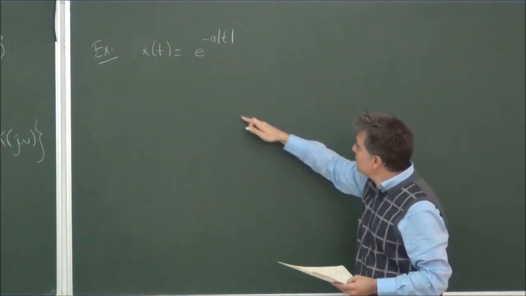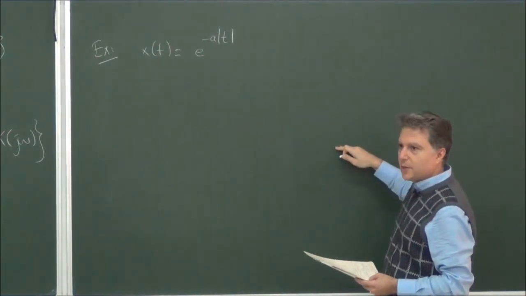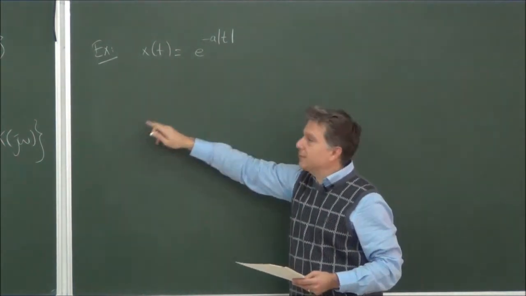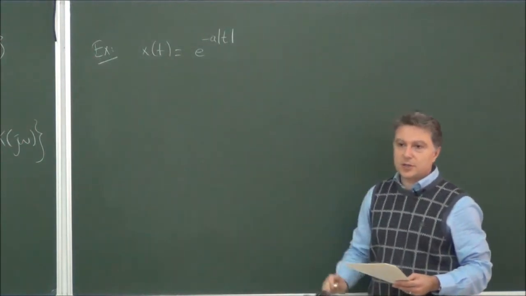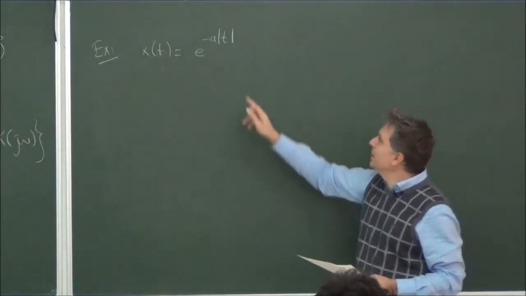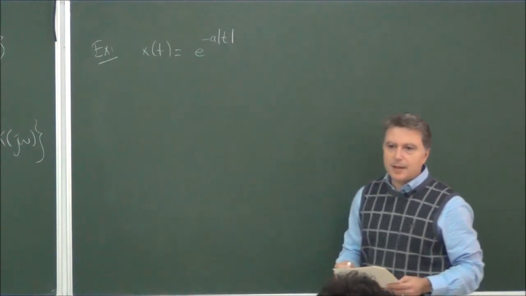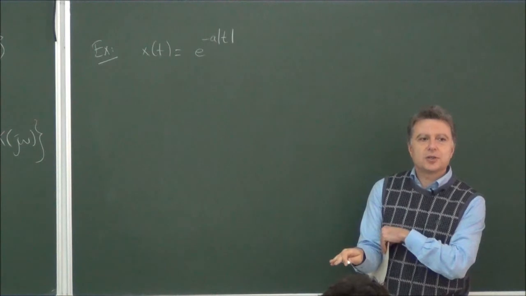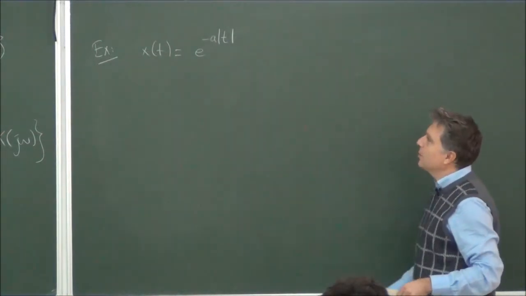It's a decaying exponential towards the right because a is positive, and it is also a decaying exponential towards the left because of this magnitude operation. There is no minus t in the exponent. So it's a two-sided decaying exponential that this thing corresponds to.